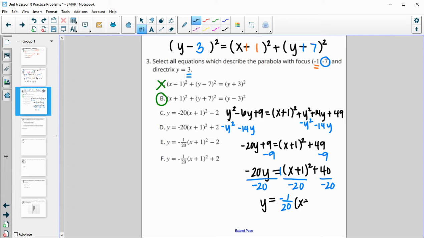And then x plus 1 squared, 40 divided by negative 20 is negative 2. And then we can kind of match these up. So we see that it has a negative 2, so it can't be these ones with the plus 2s. This one has negative 20, okay, which is not what we want. We had negative 1/20.